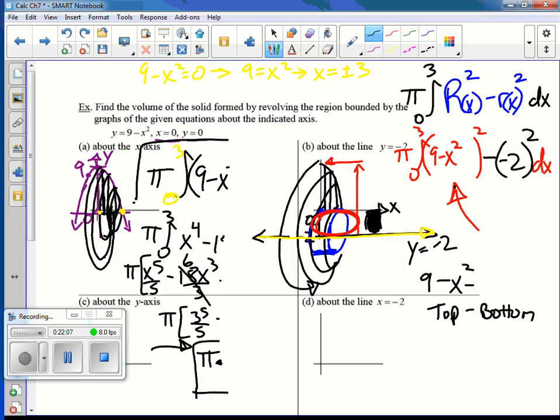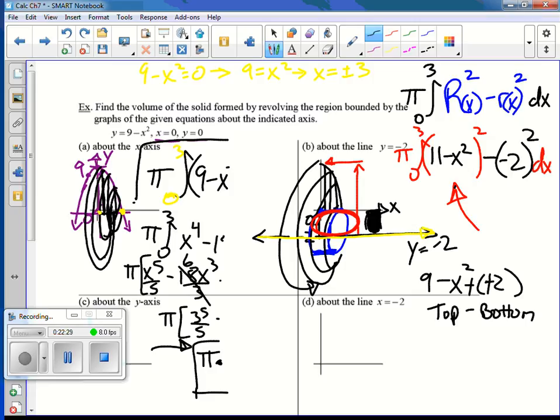So that's minus a -2. And so what happens? A negative times a negative turns into positive, right? And then 2 plus 9 gives us 11. So we get 11 minus x squared. And then there's our integral. That thing is going to give us the volume.